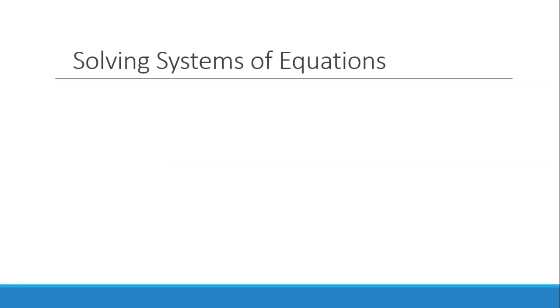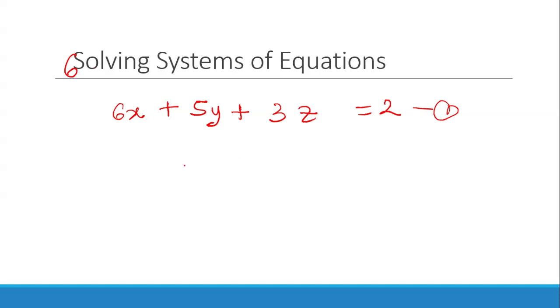So our system of equations is 6x plus 5y plus 3z is equal to 2. Say this is our equation 1. Now I have another equation, which is minus 5x plus 4y minus 6z equal to minus 32.